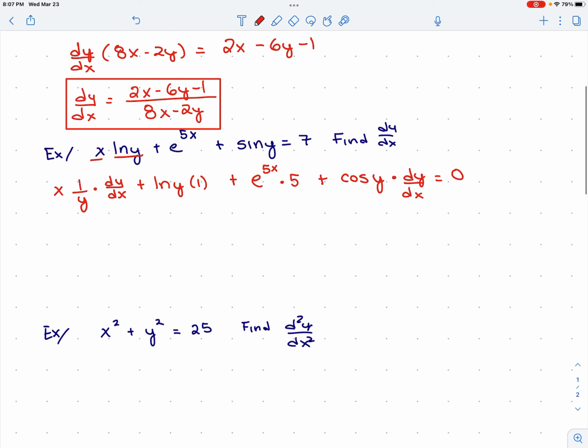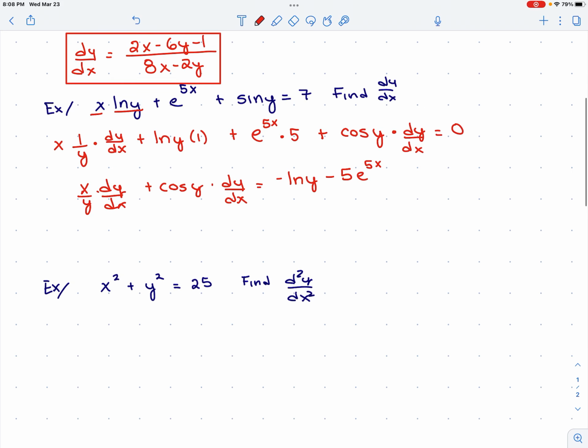Okay, so again, I collect things with the dy/dx, so I have x over y dy/dx, plus cos y dy/dx. And then I'm bringing everything else to the other side, so I have minus ln y minus 5e to the 5x. I think I got everything there. And then I'm going to factor out a dy/dx.